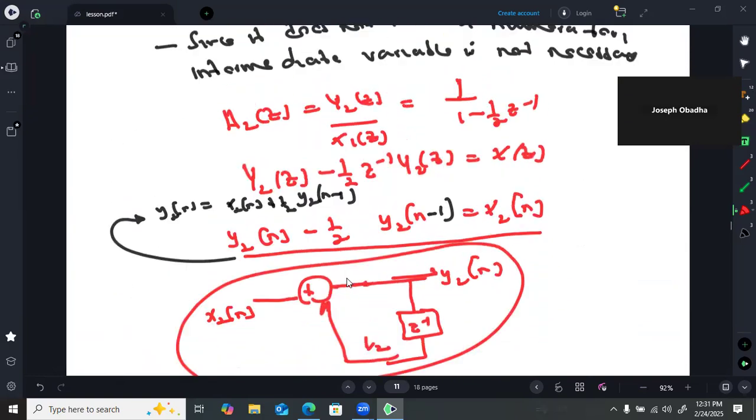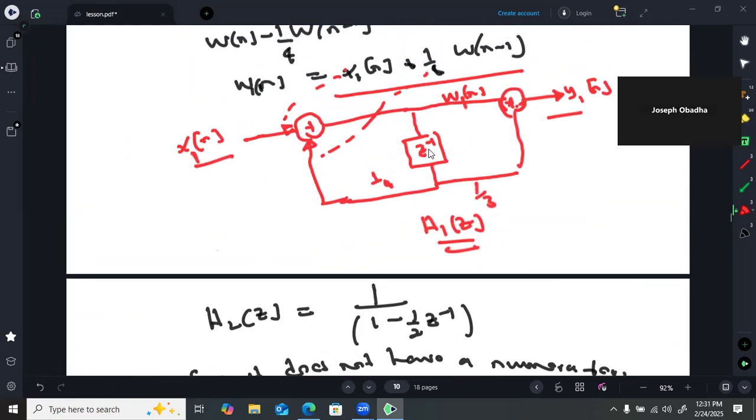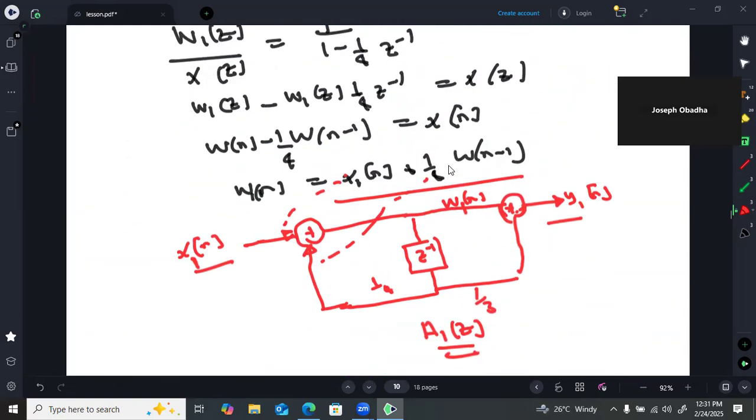So I should be able to have this circuit which we have here.